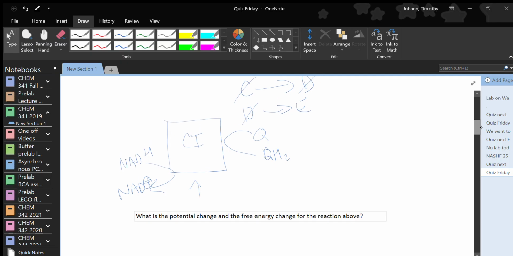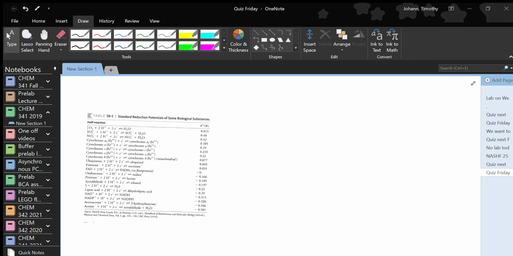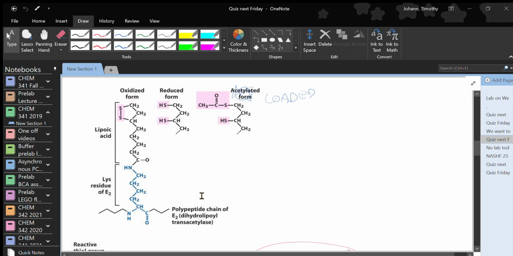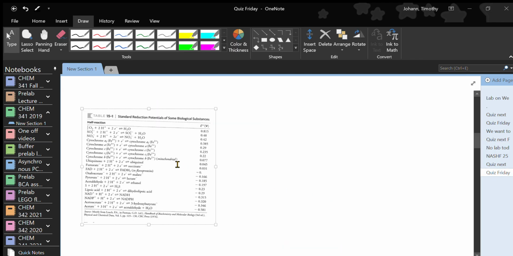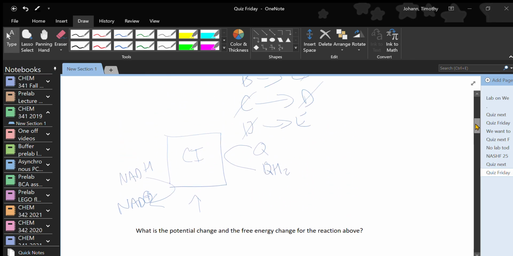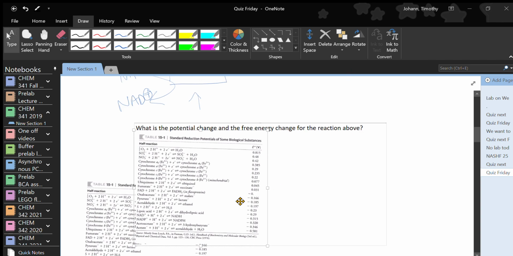Okay, so we're going to need this table. Where does the table go? There it is. Let's go ahead and pull that table. We'll copy it up here so we can see it. Maybe it will refuse to be copied.